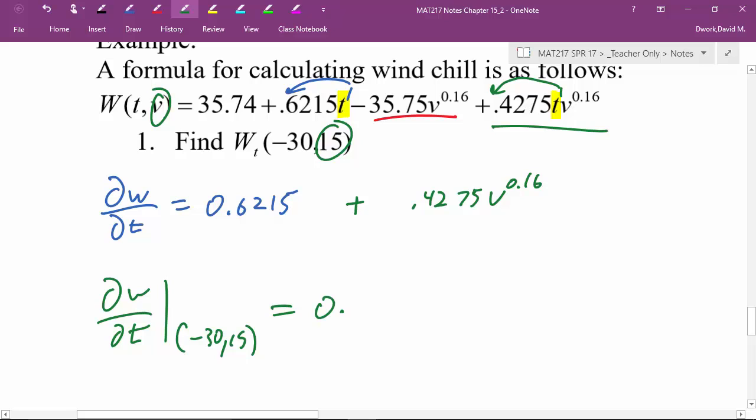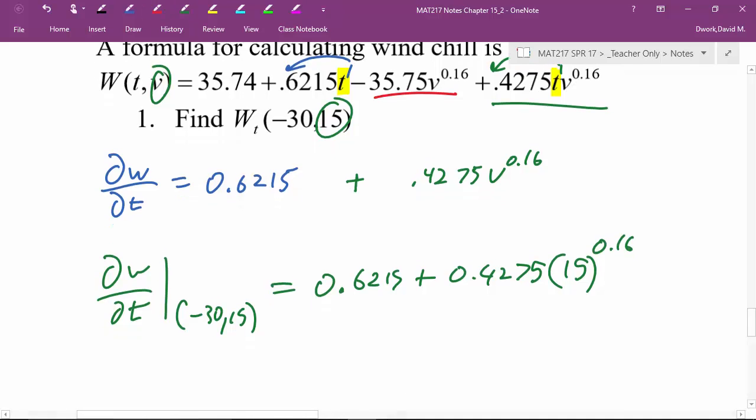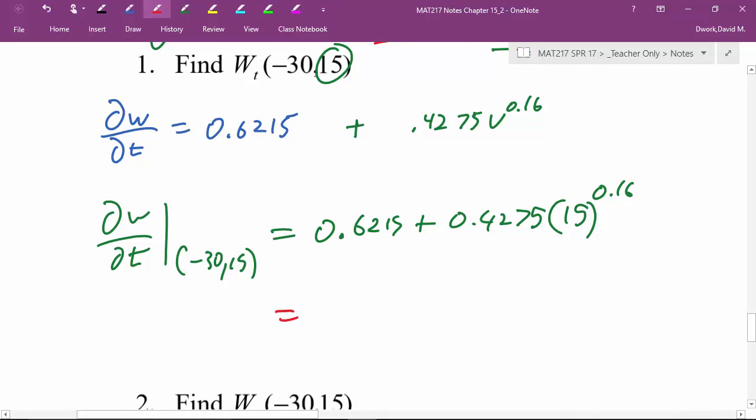So this is going to be 0.6215 plus 0.4275 times, that is the world's worst 5. Go away, 5. I don't like you. There we go. 7, 5 times 15 raised to the 0.16. So this is where we reach for a handy dandy calculator and we're going to get an answer. And I will pause the video while I do that.